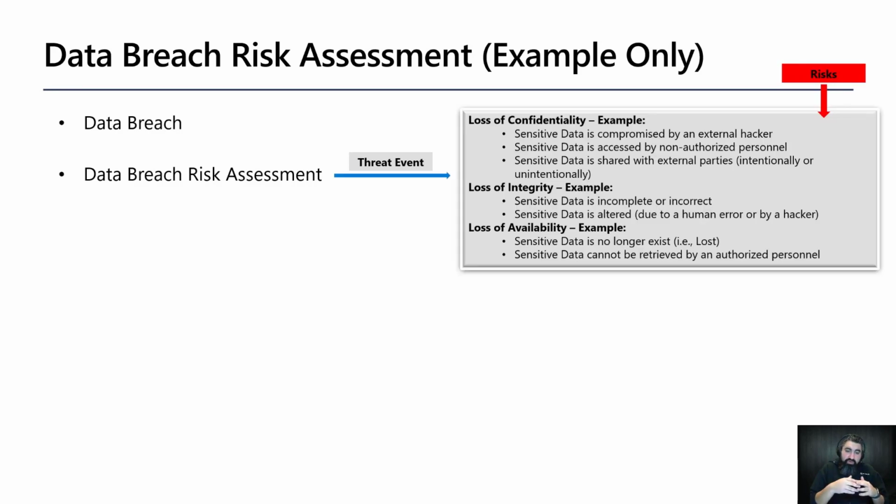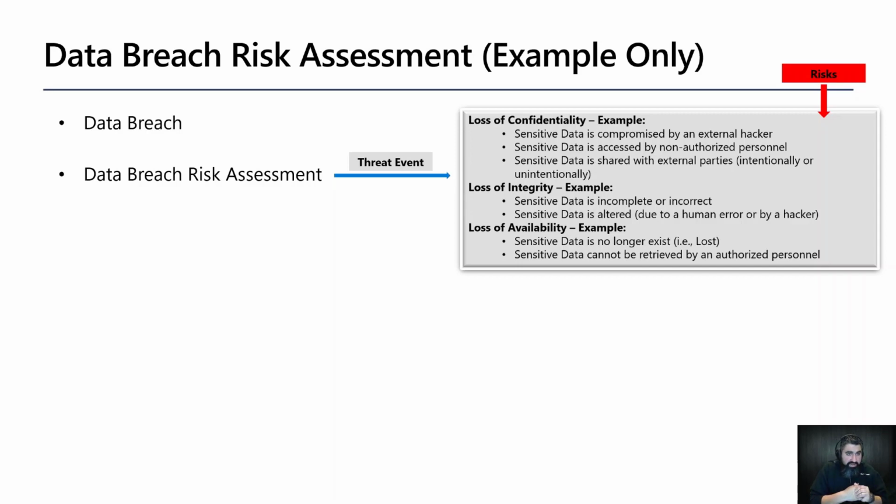Let's give examples of some threat events that may cause a loss of confidentiality, integrity, or availability. The first example is when we have sensitive data compromised by an external hacker or accessed by non-authorized personnel. This ultimately violates sensitive data confidentiality.